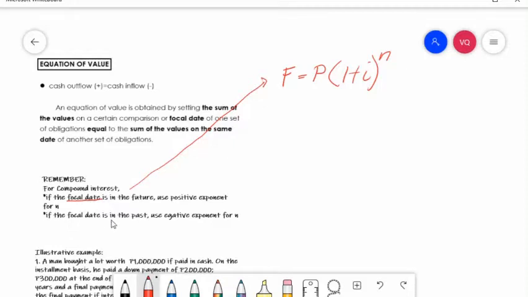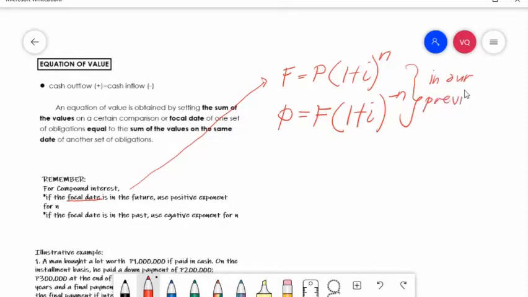If the focal date is in the past, use the negative exponent for n. So that is F multiplied by 1 plus i raised to negative n. These are in our previous topics.